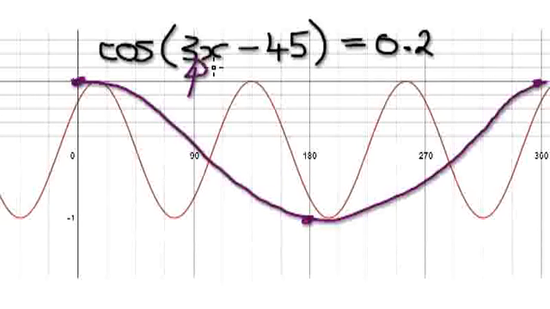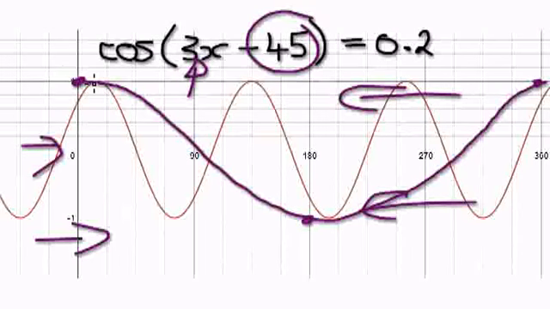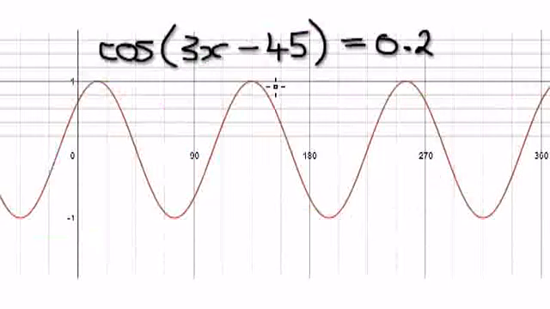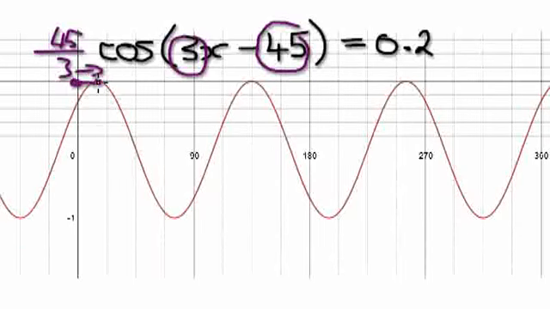Then we're going to squash it inwards by a factor of 3, and then shift it across horizontally. This distance here is 45 over 3 because of this 3 here, so there's a shift across.